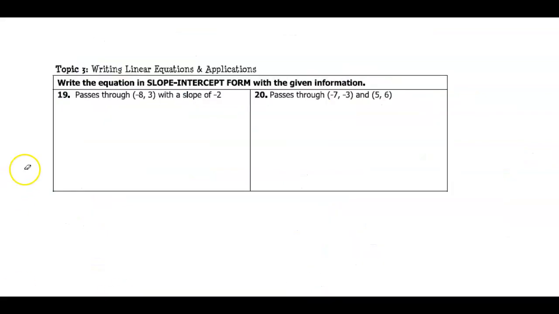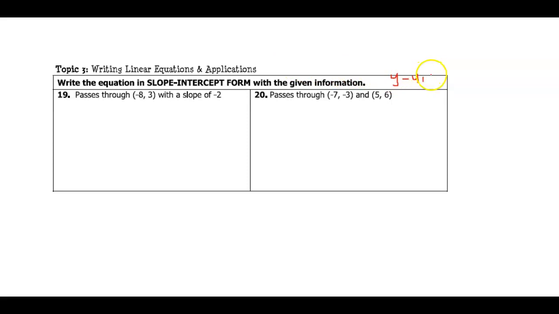All right, let's go ahead and talk about writing linear equations. They tell us to write an equation in slope-intercept form with the given information. Remember, if we're writing an equation, we're going to use our point slope, and then from there, we put it into whatever form they give us.